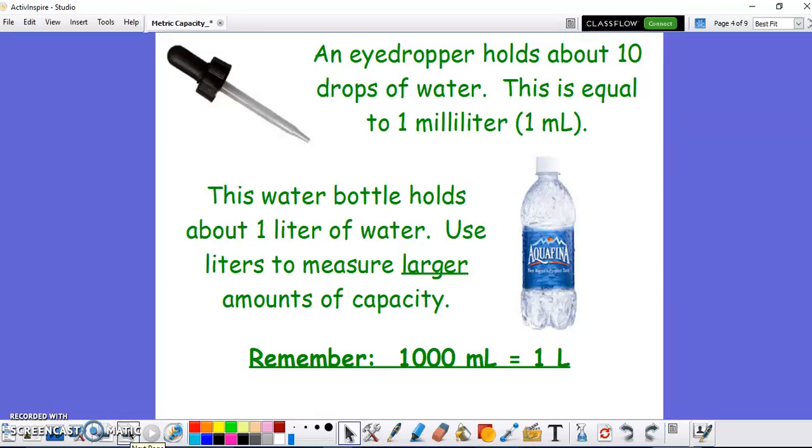An eyedropper holds about 10 drops of water. That's equivalent to 1 milliliter. This water bottle holds about 1 liter of water. So if we use liters to measure larger amounts of capacity, we just need to remember that 1,000 drops of water fit into about a 1 liter bottle of water or soda.